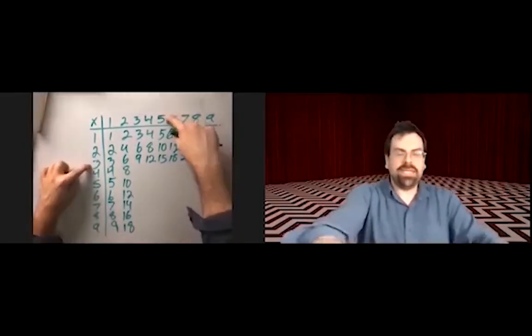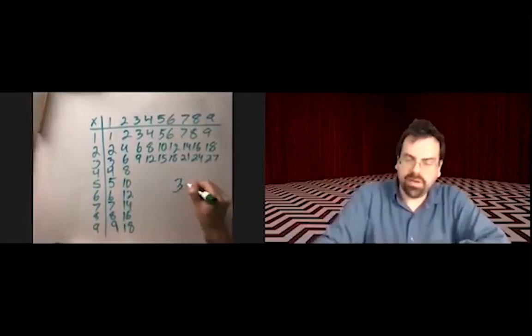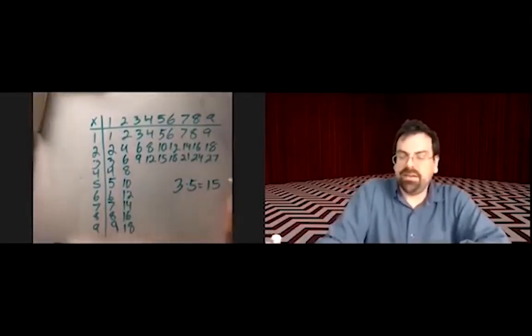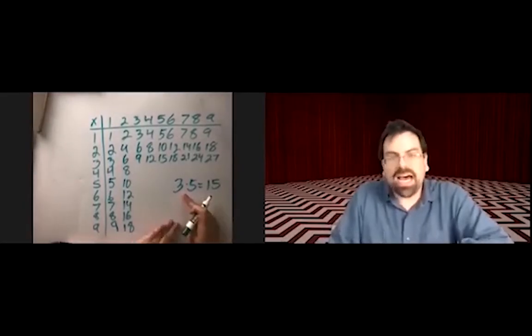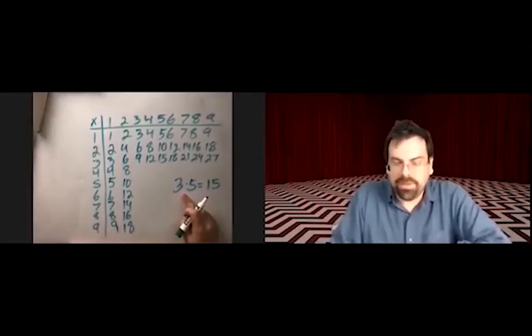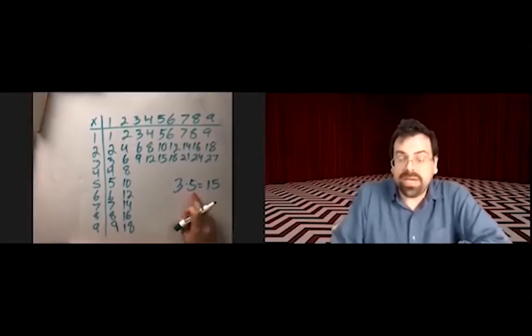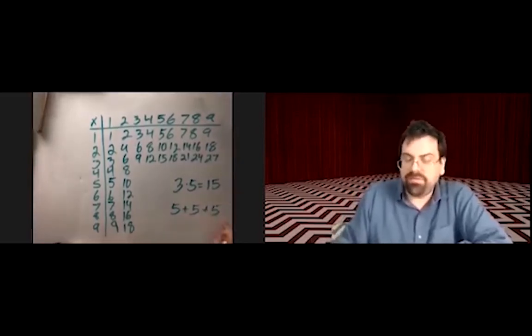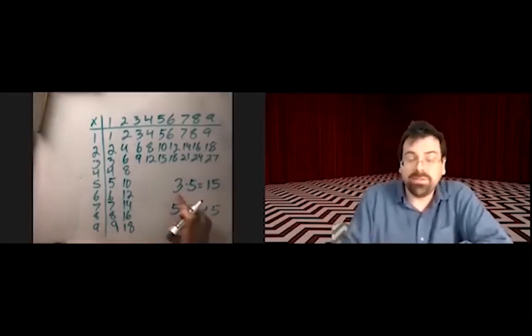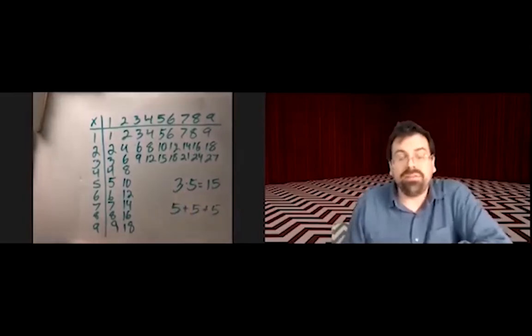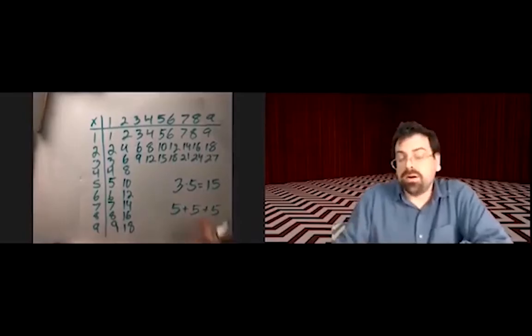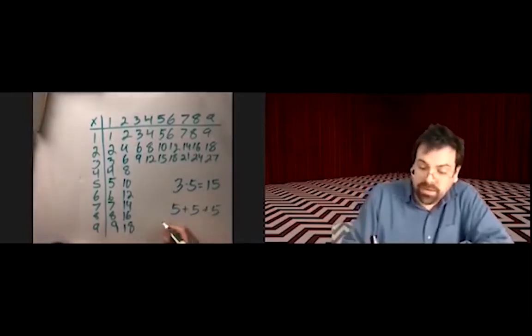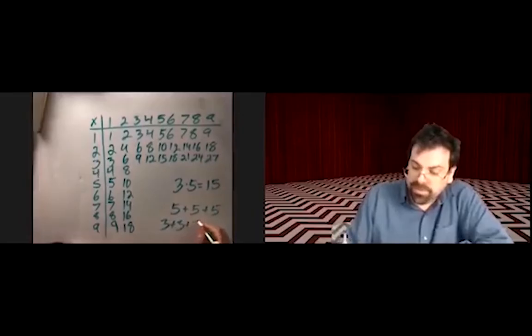For instance, here, 3 times 5 is 15. Where do you think this word times comes from? 3 times, we have the number 5. 5 plus 5 plus 5. 5 added together, a total of 1, 2, 3 times. 3 times 5. Or 5 times 3. 1, 2, 3, 4, 5.